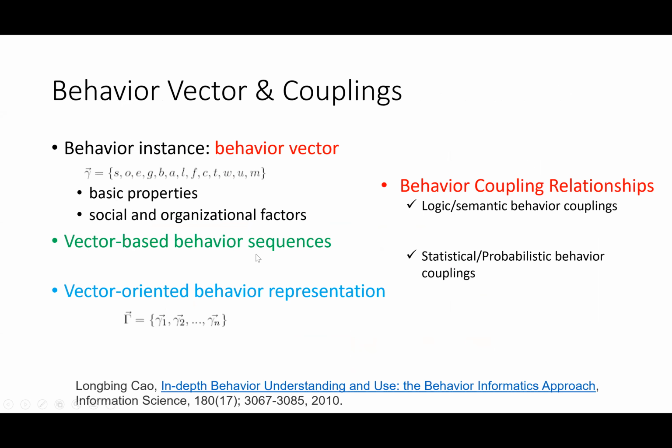For each behavior we have a multi-factor behavioral representation. Basically it is a vector, right? And then for multiple behaviors, each a vector, you got sequential or temporal behavior, and then you got a vector-based behavior representation.